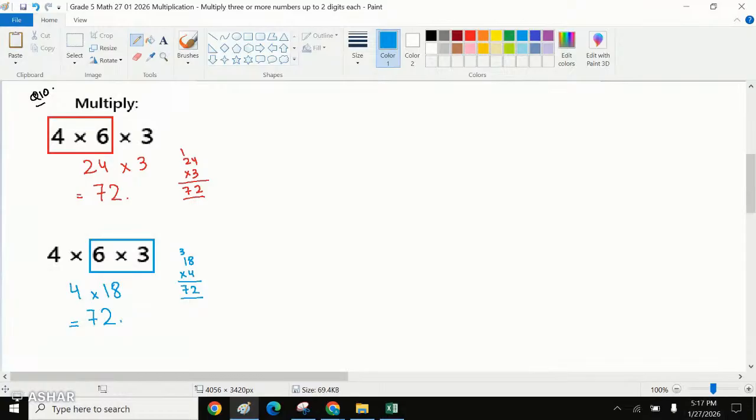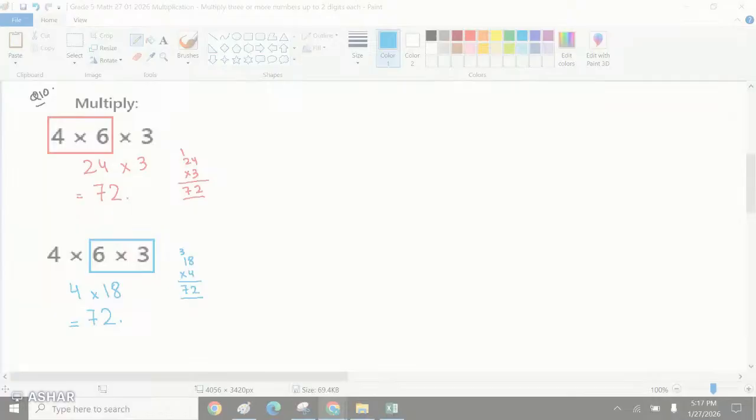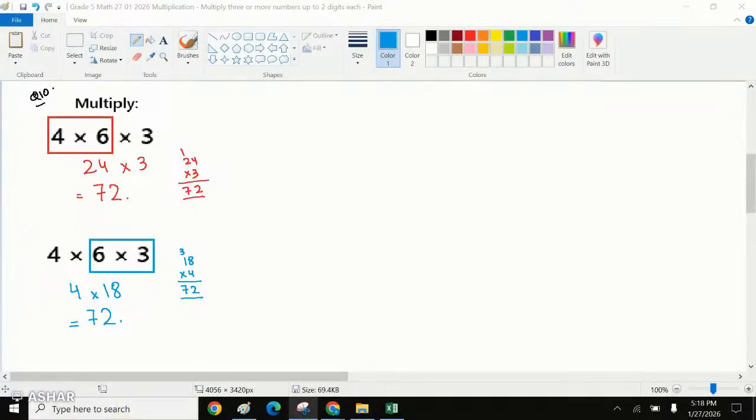Moving ahead to the next question. The next question says, multiply 7 multiplied by 1 multiplied by 9. Just a moment, please. I'll rearrange this.